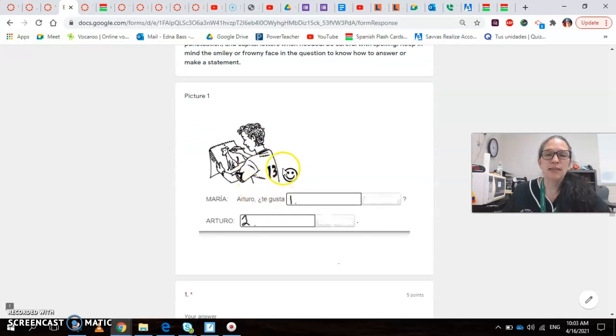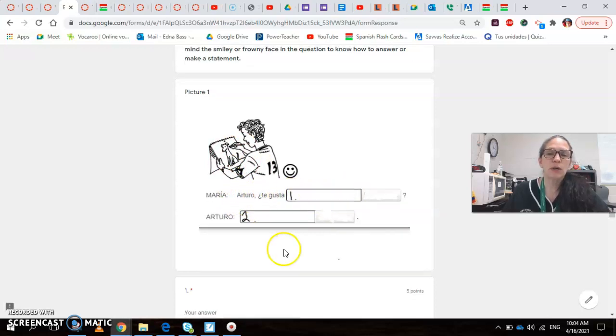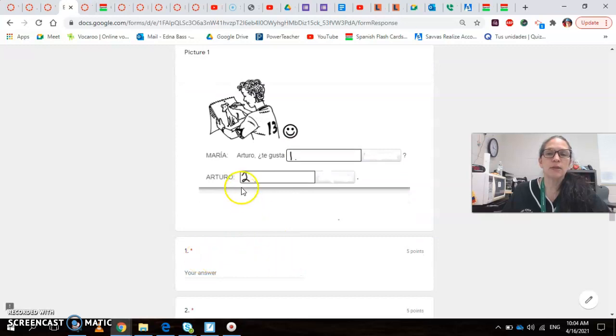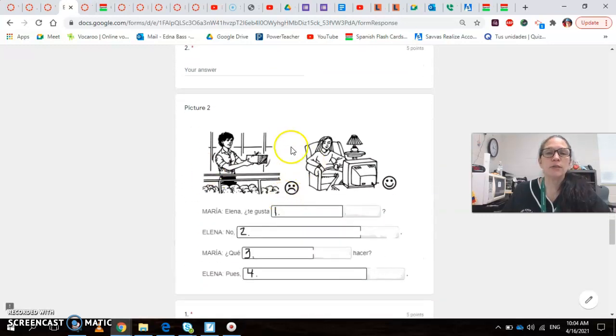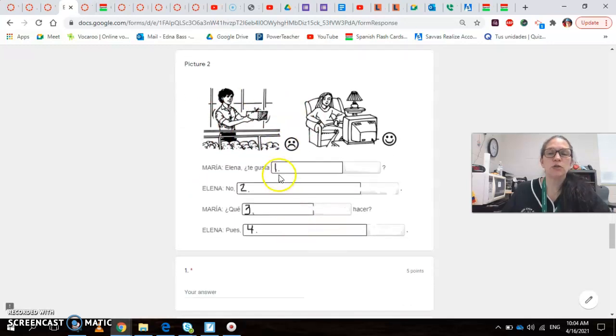So you have a smiley face here, and then in picture 1, you're going to ask, our tutor is asking a question. So what goes here in number 1, you put it here in number 1. What goes here in number 2, you're going to put it here in number 2. Okay? So then you complete the conversations. Here you have your picture 2, and for picture 2, you need to put 1, 2, 3, and 4 answers.